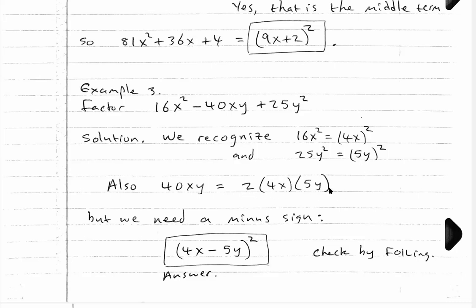That's 40xy. But we need to put in a minus sign between them this time to get the minus here. If you FOIL this out, you'll get this one.